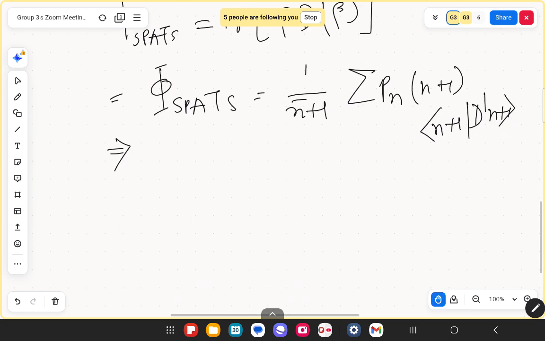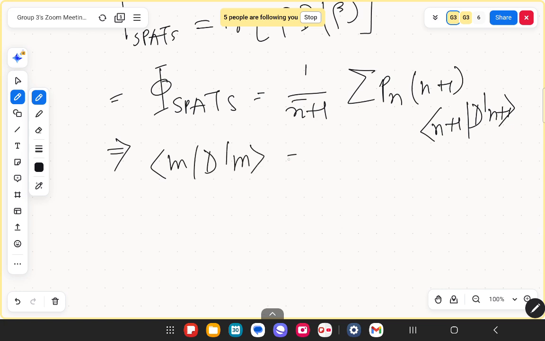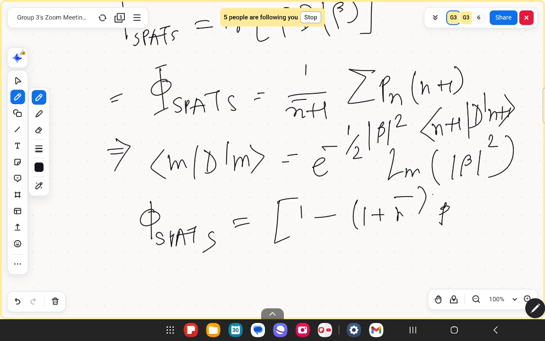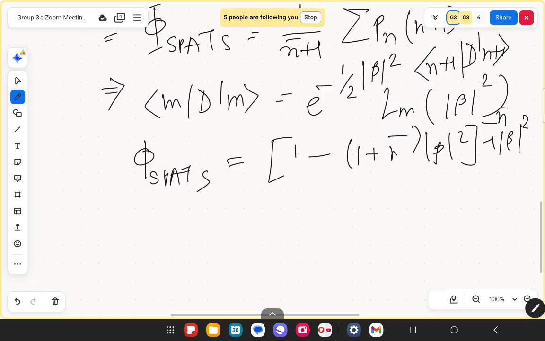Using the known rule for this matrix element, e to the power minus half mod beta square times Lm of mod beta square, where Lm is the mth order Laguerre polynomial, we will finally obtain phi of spats as the final expression: 1 minus (1 plus n bar) beta square times e to the minus n bar beta square. More steps are given in our Jupyter notebook.